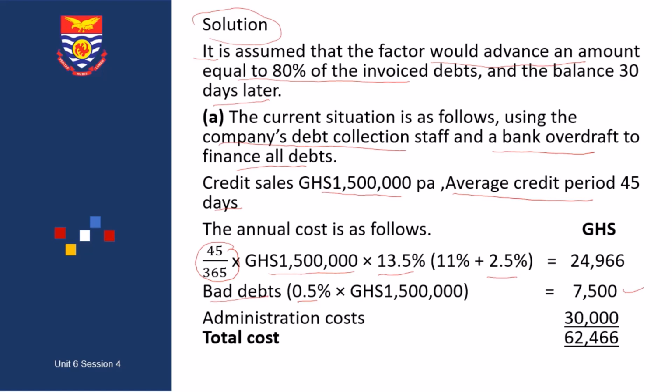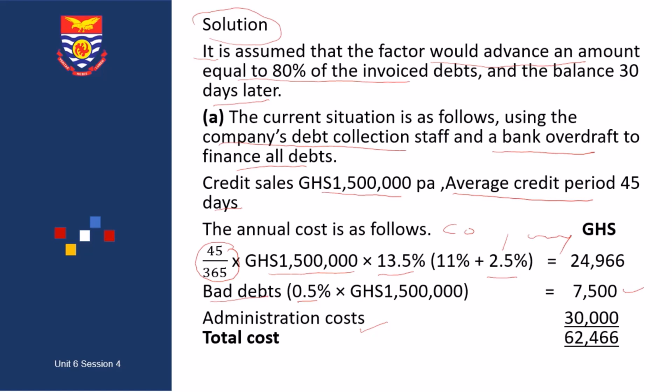Alright. And of course, they will incur administration costs because they are doing it themselves. So everything we are doing here is we are trying to compare the cost to the company for using its own staff to collect the debt and also using the service of the factor. So if the company is to collect the amount by itself, this is the cost it is going to incur.